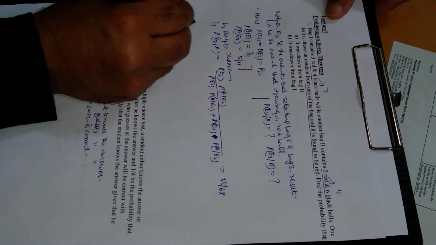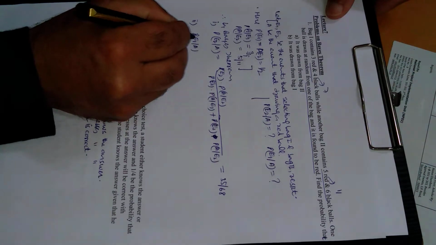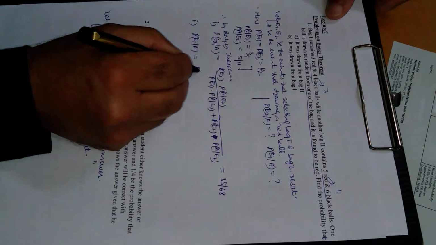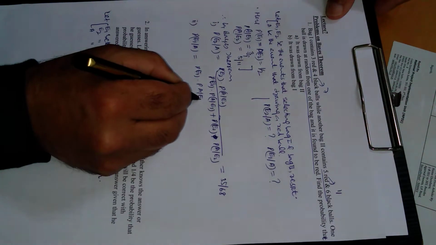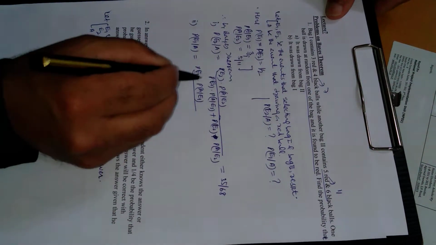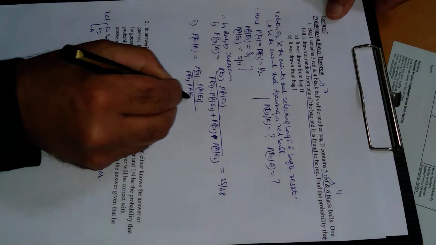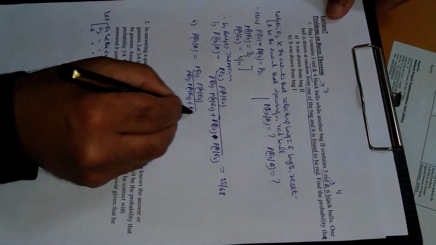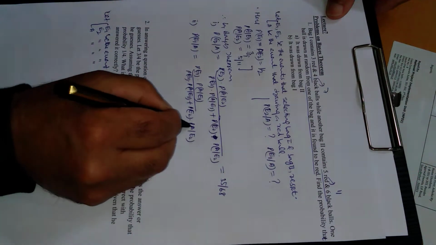All right. So second is this one, probability of E1 given A. Now this will be P of E1, P of A given E1, divided by again two terms: P of E1 into P of A when E1 has already occurred, plus P of E2 into P of A when E2 has already occurred.